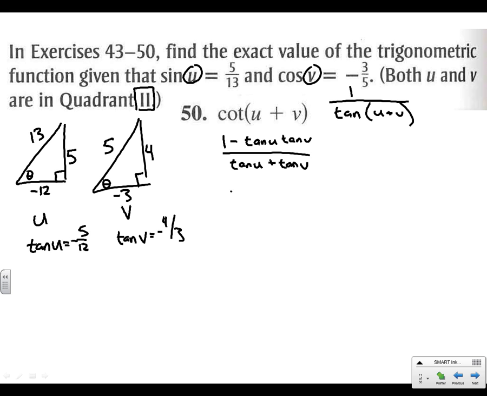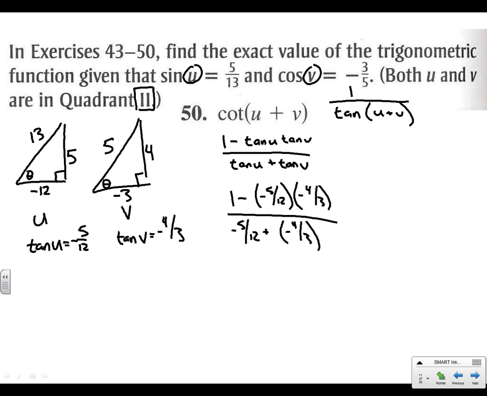So now we're just going to plug them in. 1 minus negative 5/12 times negative 4/3, over negative 5/12 plus negative 4/3.